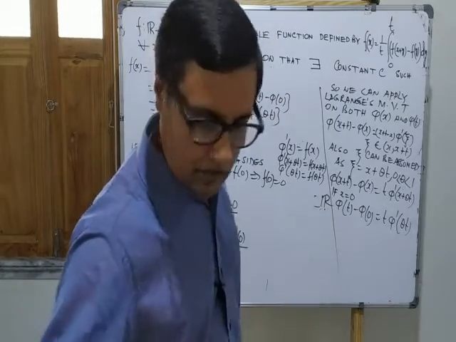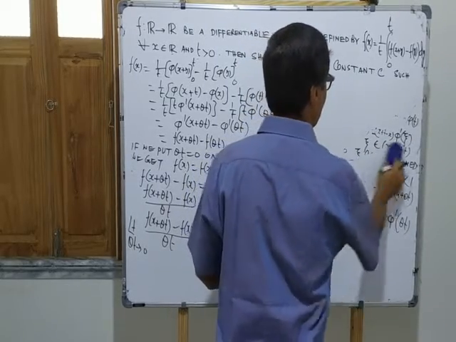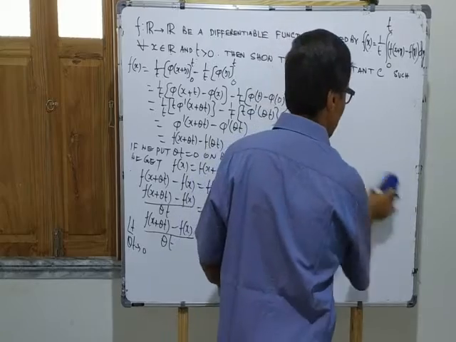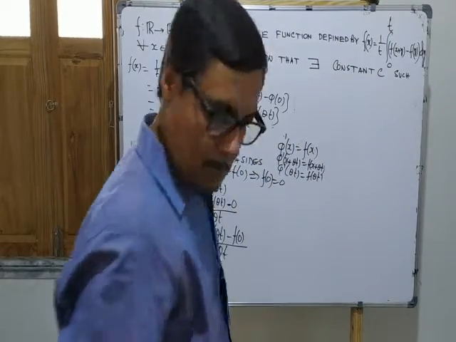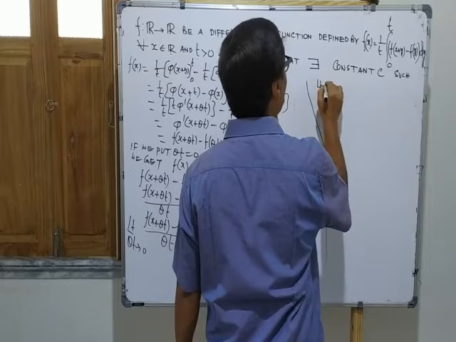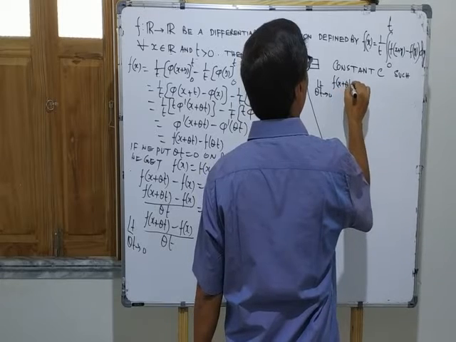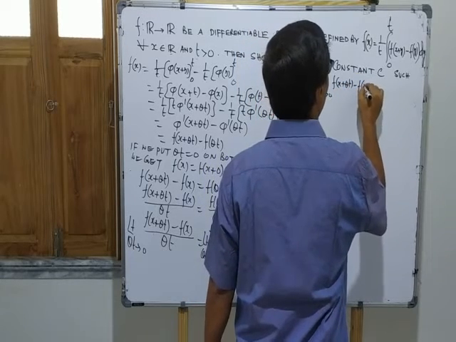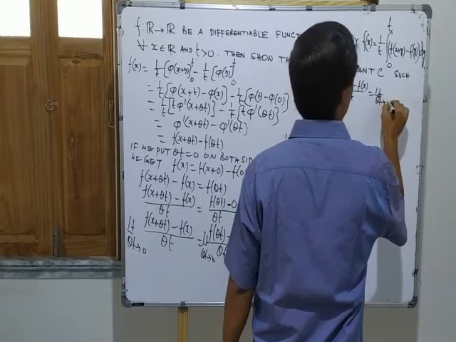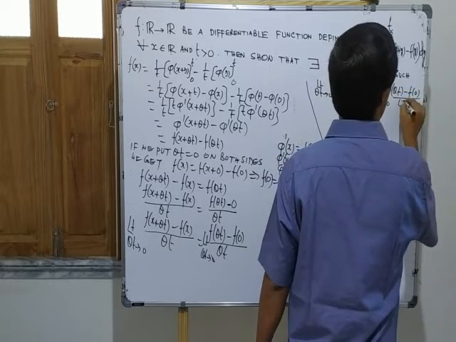So this is limit theta t tends to 0, f of x plus theta t minus f of x over theta t equal to limit theta t tends to 0, f of theta t minus f of 0 over theta t.